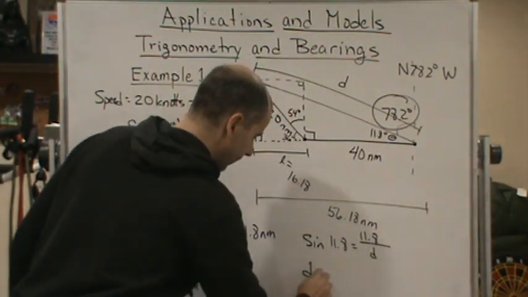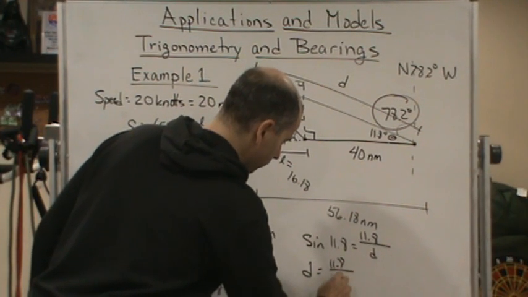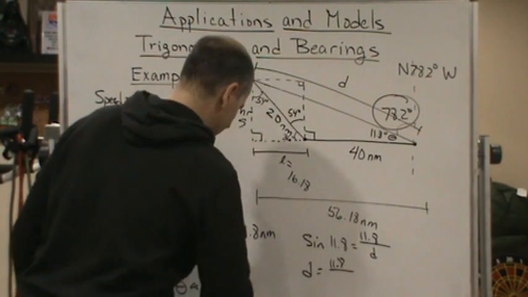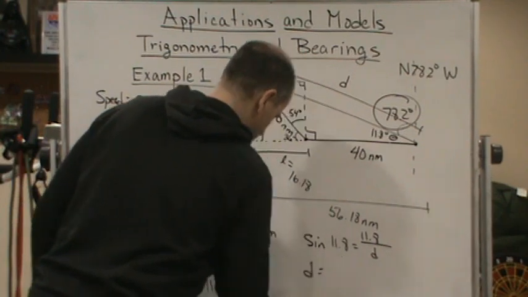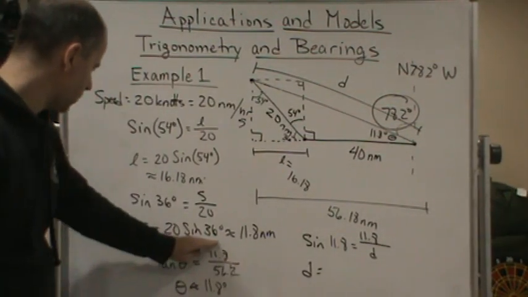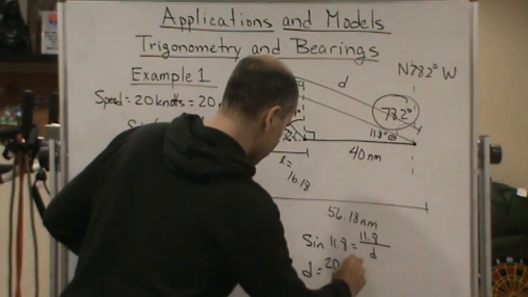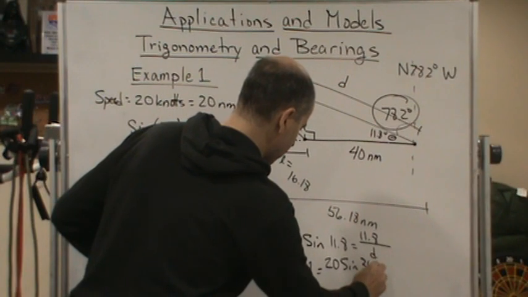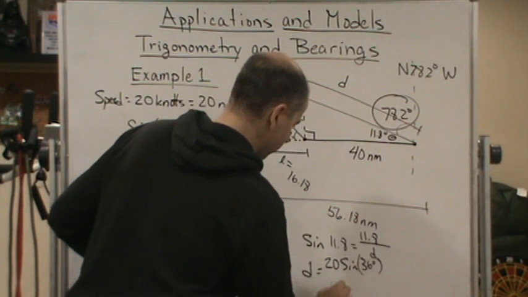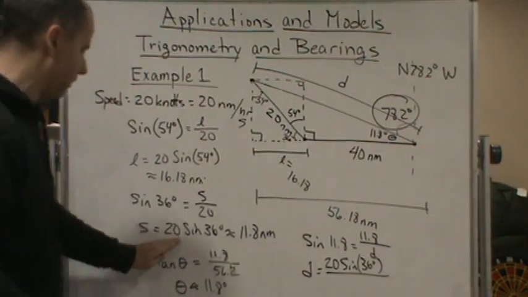So D is going to equal 11.8 over, in fact, let's do this because we don't want to use approximated. So let's just put this whole thing over here. So we're going to do 20 times sine of 36 degrees, right? Because we want to calculate it all. We don't want to round until we get to the very end.